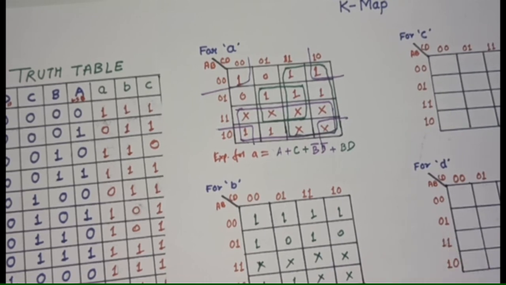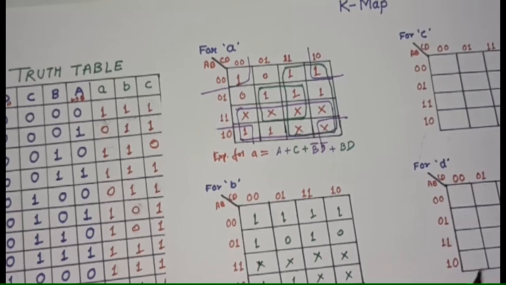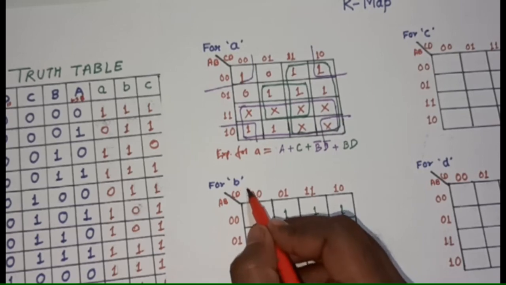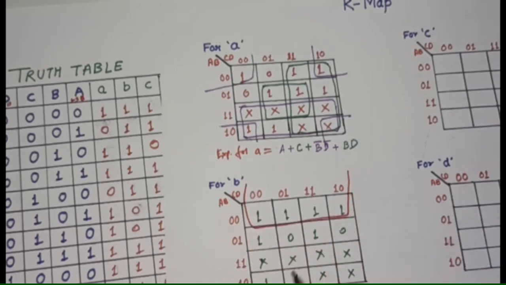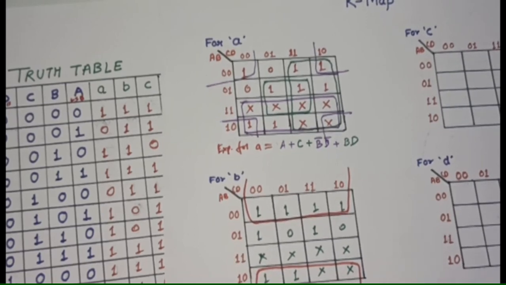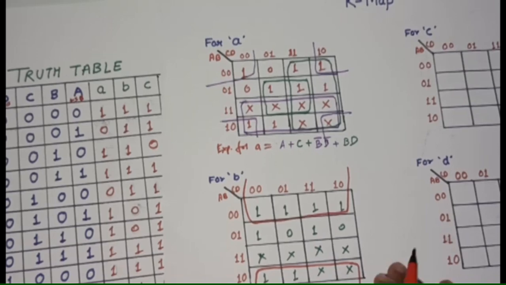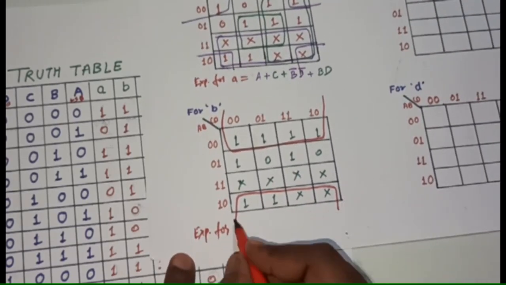Now we will look out for the first octet. Where will you watch out for the octet? Here is the possibility. Yes, very good, here is the first octet. The octet will give you a single variable. So what will be the expression for B?